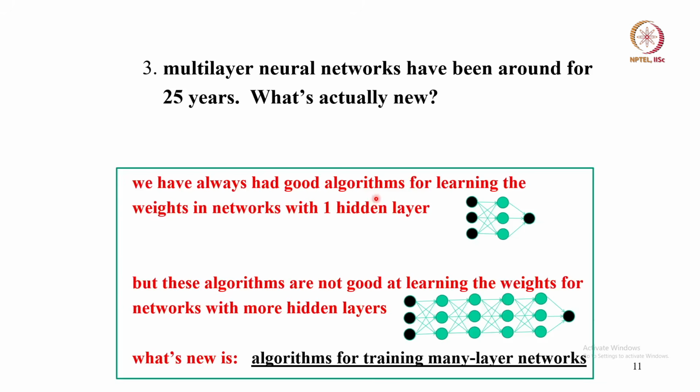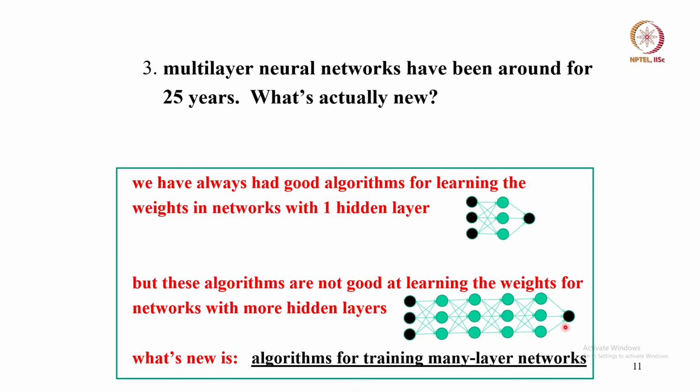What we had was basically either one hidden layer or two hidden layers, and you had what is called the back propagation algorithm, which was used to find the weights in this network. But when we come to deep learning, you have many layers.